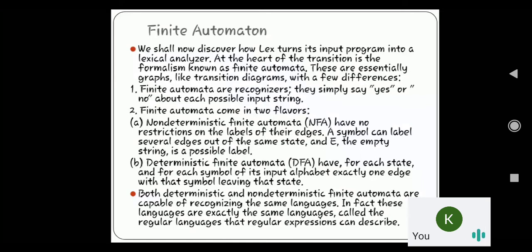Already we have discussed something in this finite automaton; once again, I am taking it up just as a revision. Here in finite automaton, we have two types. The first one is NFA, and the second one is DFA, deterministic finite automaton. These are the two types of finite automaton that we have.